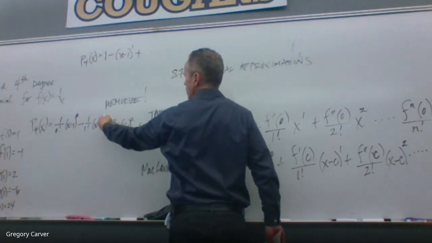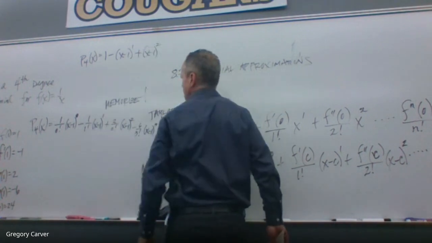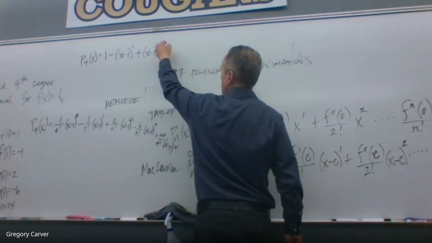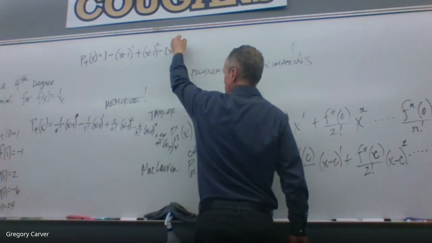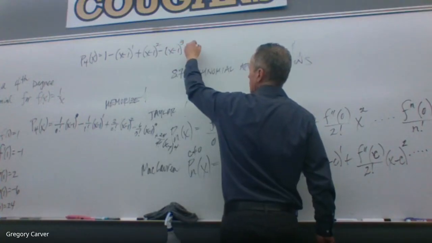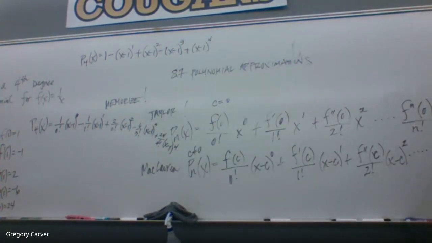It's going to be 2 over 2, that's 1 times x minus 1 squared. That's 6 over 6, that's minus 1 times x minus 1 cubed. 24 over 24, that's plus x minus 1 to the fourth. And you can leave it just like that.